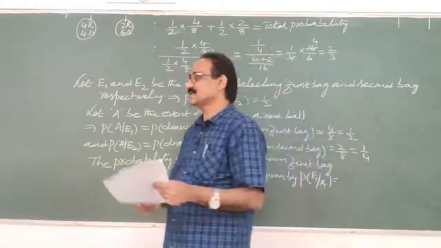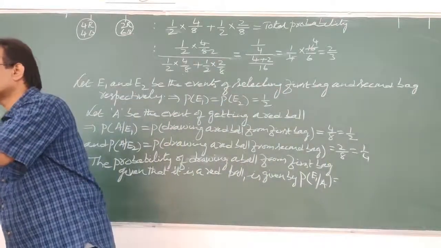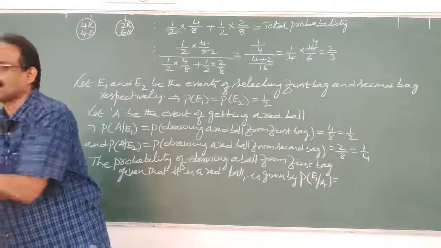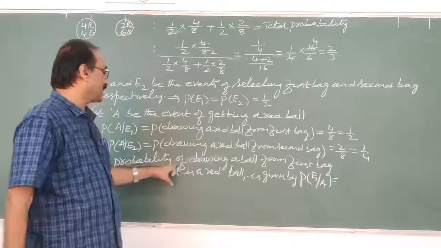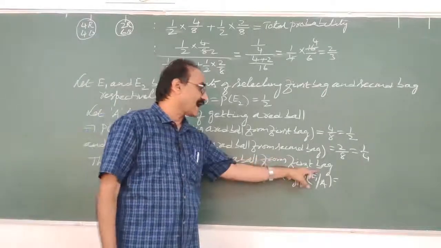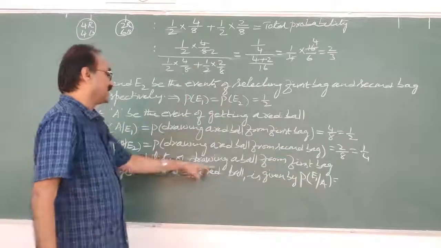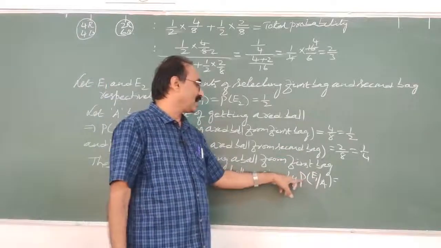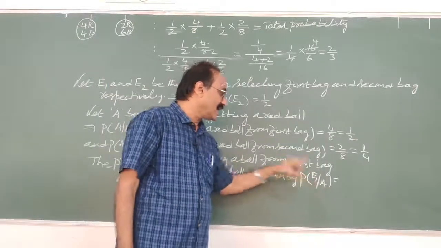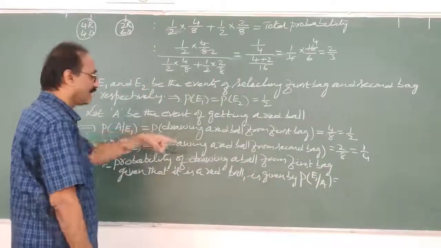Whatever is asked, that only I am writing here. The probability of drawing a ball from the first bag, given that it is a red ball, is given by probability of E1 given A. This is called reverse probability, E1 given A.